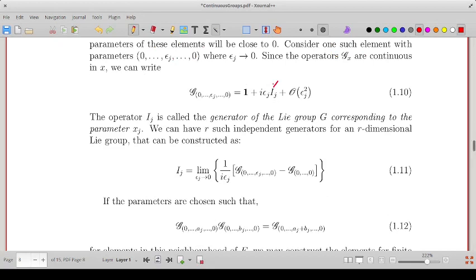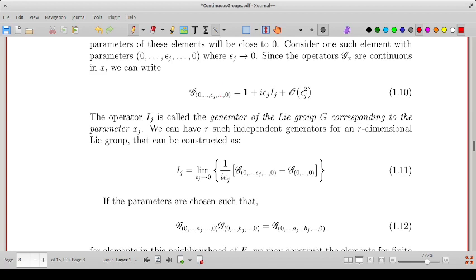And this operator I_j that appears here is called the generator of the Lie group corresponding to the parameter x_j, because this appears when we move from the identity of the group with the parameter x_j only varying slightly, infinitesimally a small amount from the parameter values of the identity of the group.